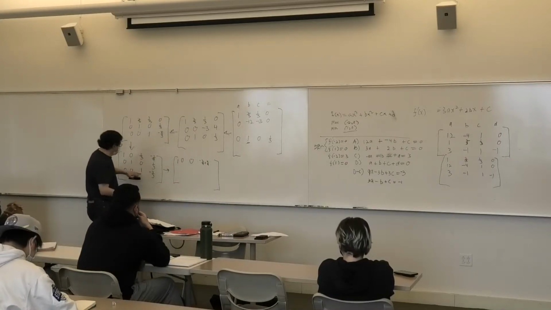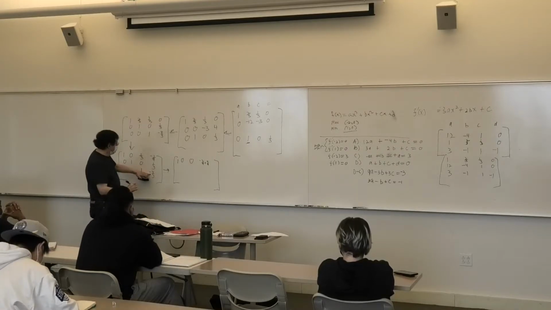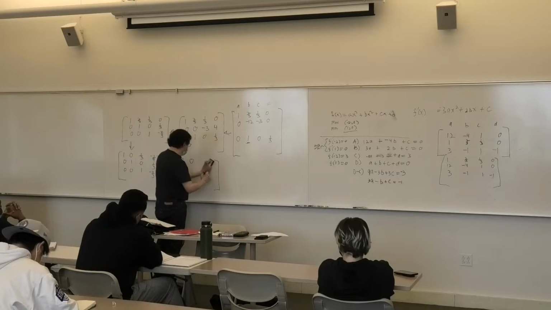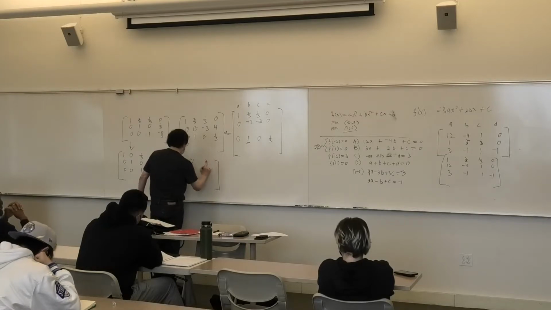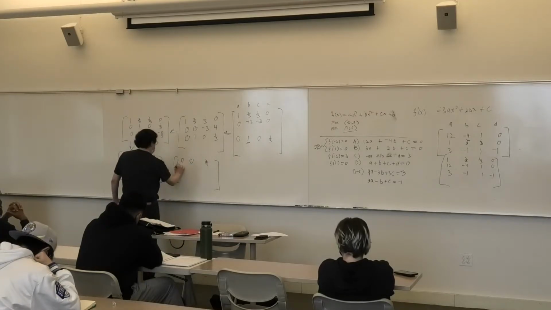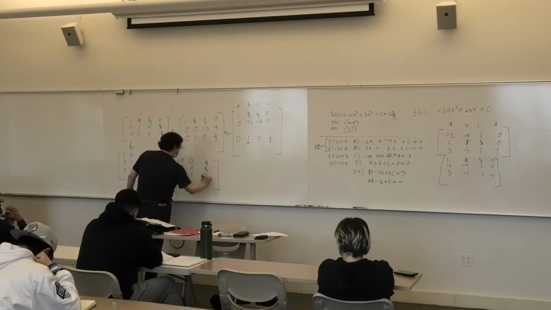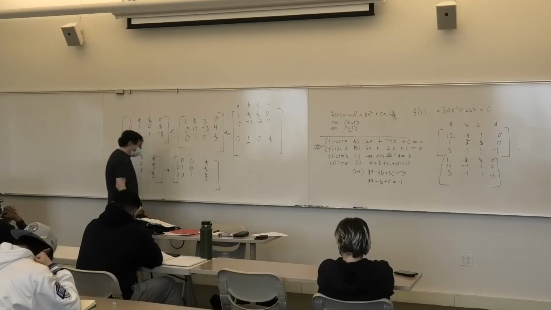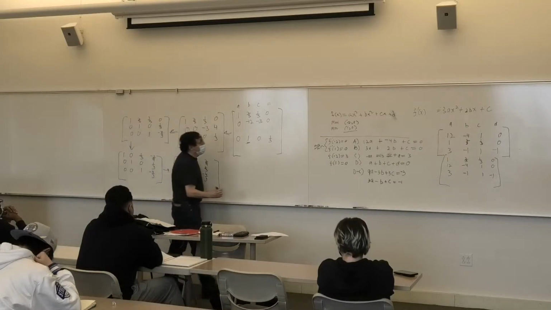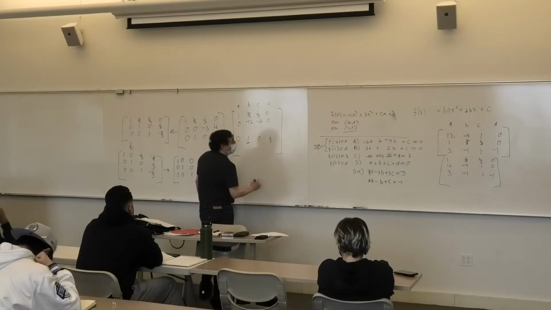Let me try to get this time. -1/3. So this is positive 4/9. Yeah, that's right. So it's 2/9. And 0, 1, 0, 1/3. 0, 0, 1, -4/3.